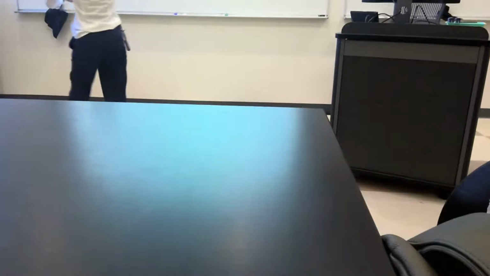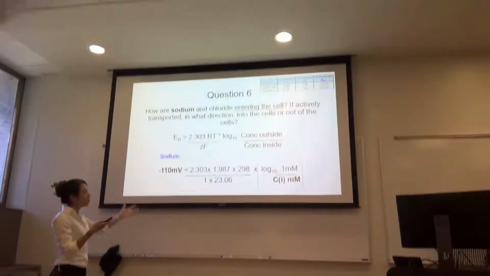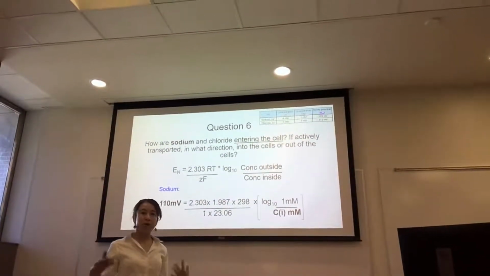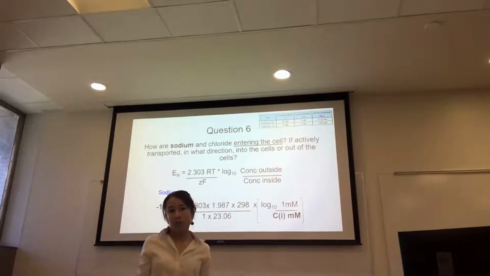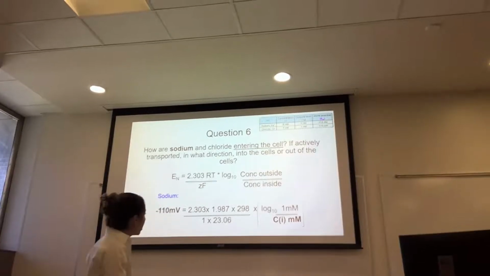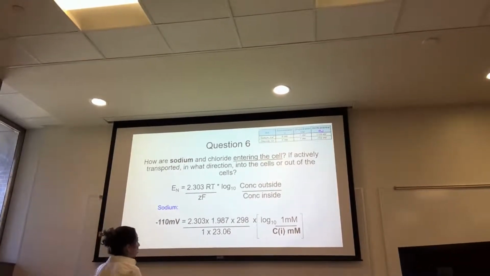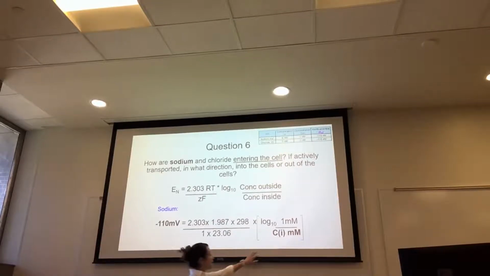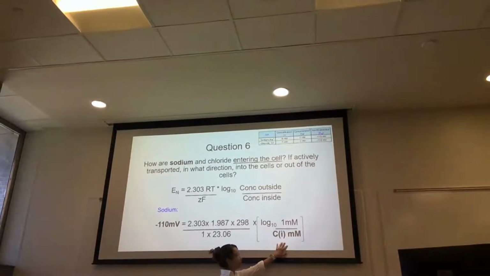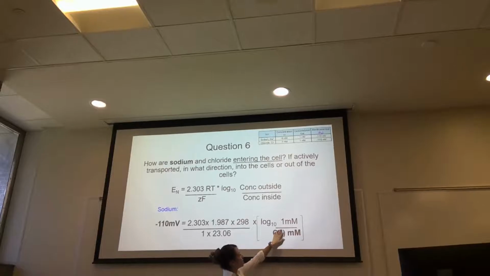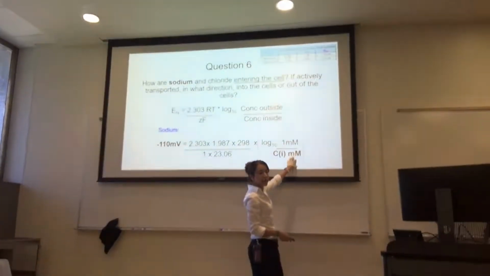So let's start with solute. It's the same equation, and we're replacing this by the actual membrane potential. Because we have to hold one of the variables stable and can only change one to solve this equation, since we're figuring out what the concentration inside is at equilibrium, we leave the outside as the actual value and calculate.